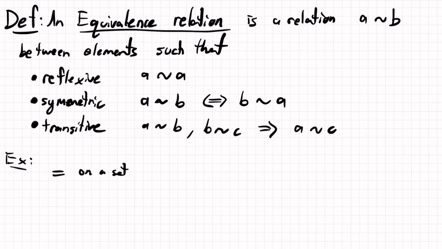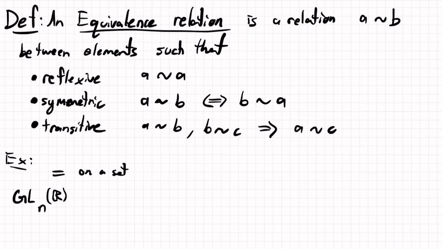Another example of an equivalence relation might be, you can take the set of matrices and talk about similarity. Say you have GL2(R), or GLn(R), really, it's fine.